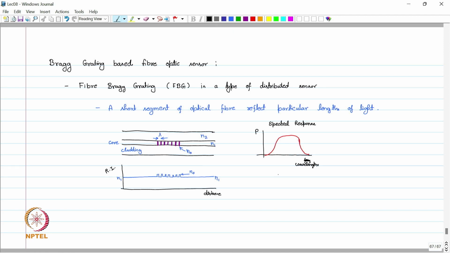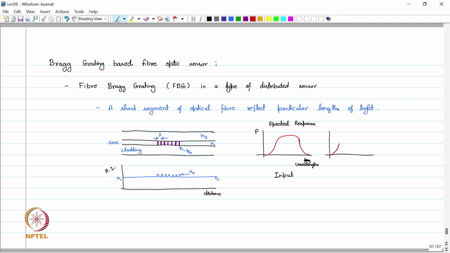So this is our input. When we send these wavelengths into this optical fiber which has grating inside, particular wavelengths will be reflected back to the source itself.